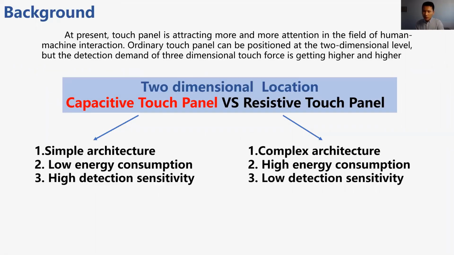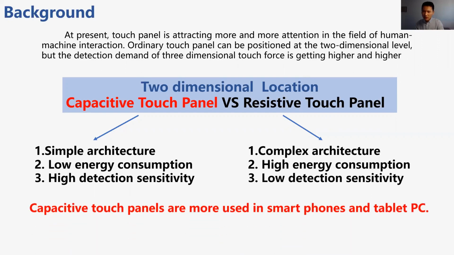Ordinary touch panel can be positioned at the two-dimensional level, but the detection demand of three-dimensional touch force is getting higher and higher. Besides capacitive touch panels, resistive touch panel has more complicated structures, higher energy consumption, and lower sensitivity than capacitive touch panel. So, capacitive touch panels are more used in smartphones and other products.